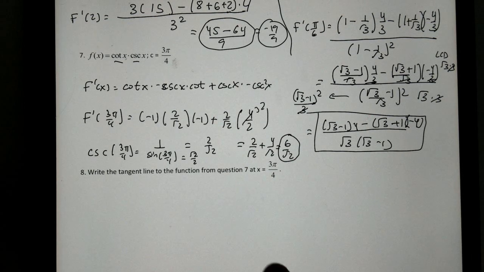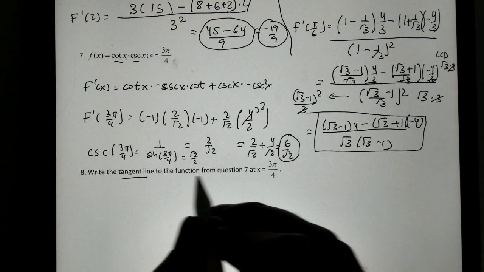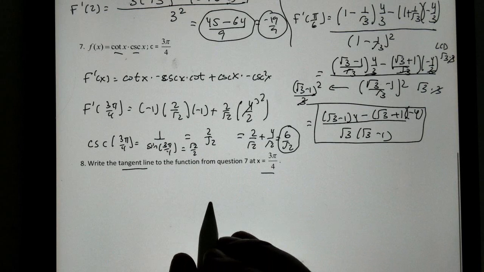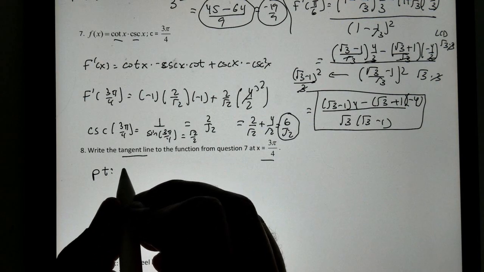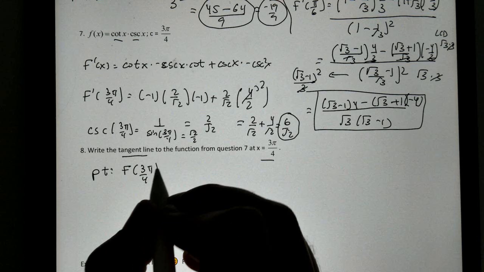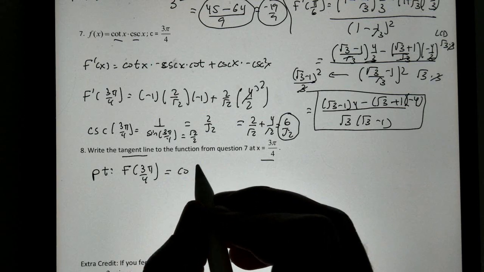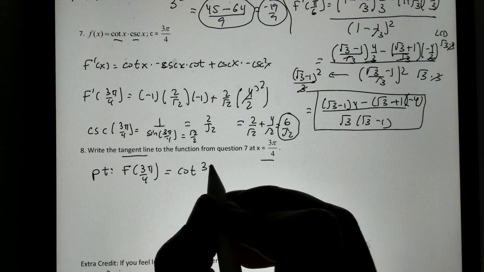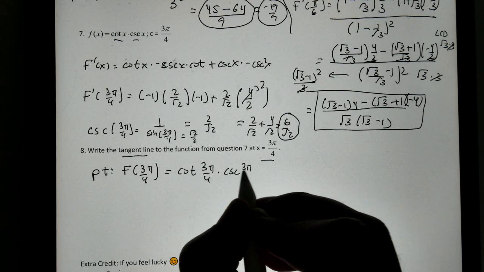All right. Now for part 8, we want to write the tangent line of the function at this point right here. So we got to get a point. To get the point, we need to find the value at 3 pi over 4, which is the cotangent, whoops, not cosine, the cotangent of 3 pi over 4 times the cosecant of 3 pi over 4.